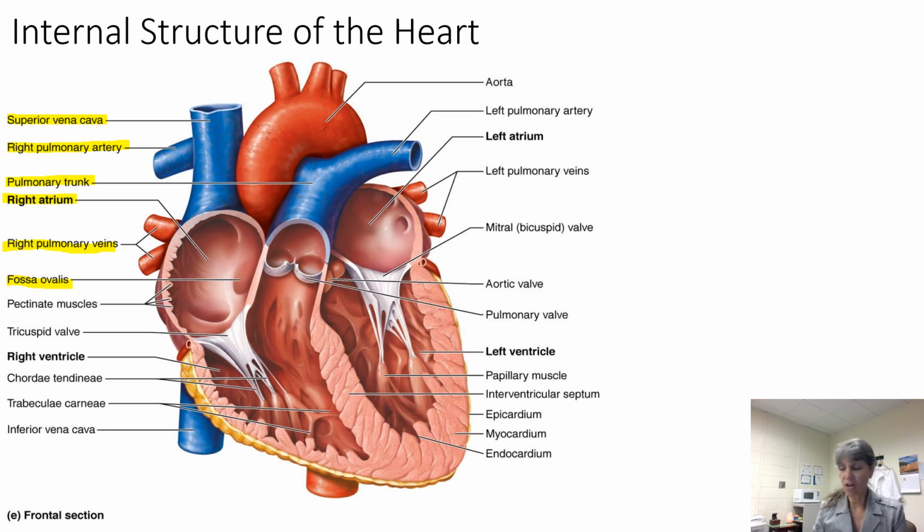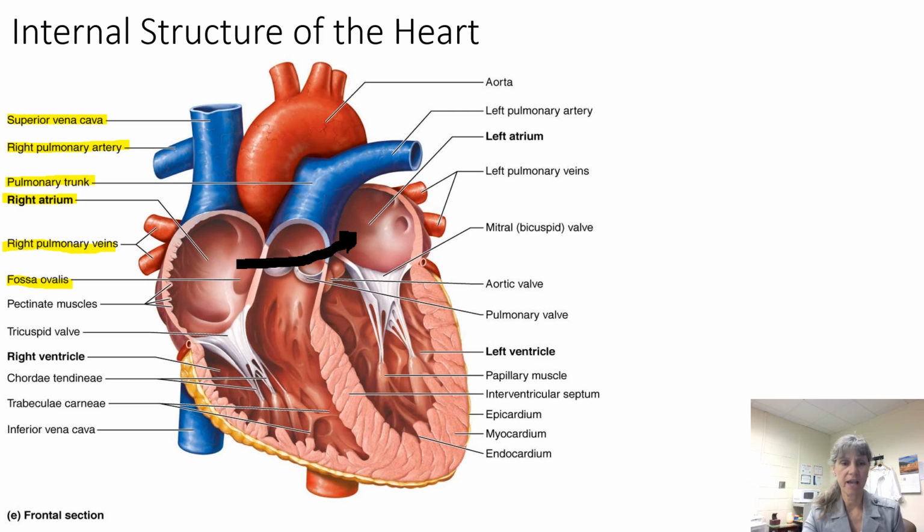The fossa ovalis is a closed depression. But in a baby that's developing in its mother's womb, that's actually an opening with little flaps between the right atrium and the left atrium called the foramen ovale. And the foramen ovale again allows blood to bypass the lungs by going directly from the right atrium to the left atrium, because remember, babies are not breathing inside the womb, they're in amniotic fluid.